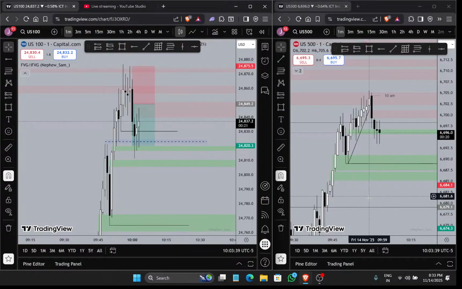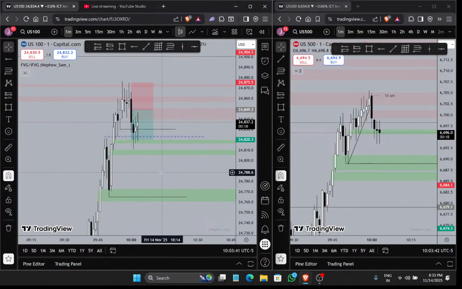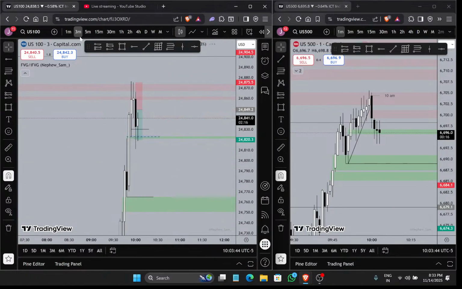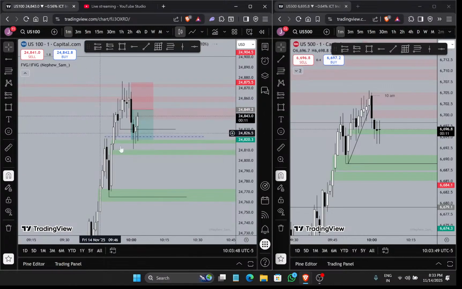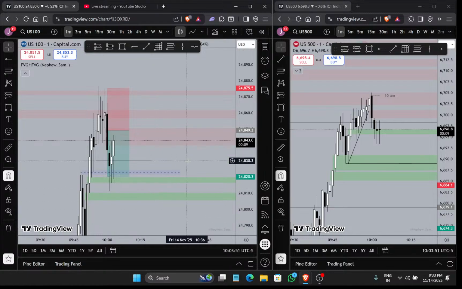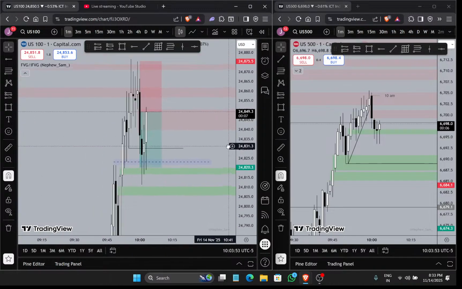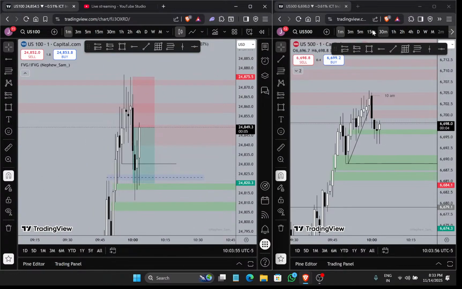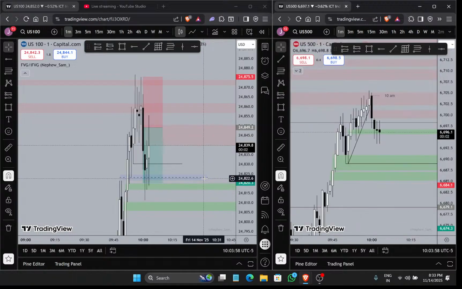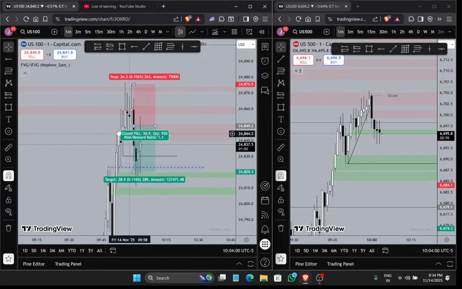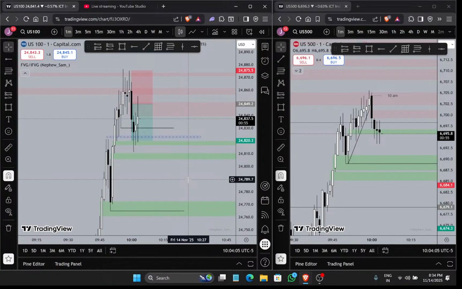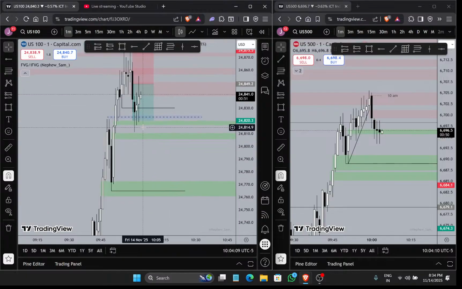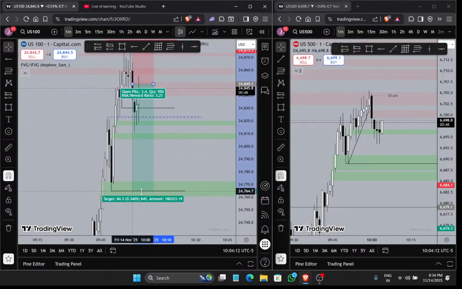I think it will go to this 5 minute to get rebalanced. Do we want to take this long? That is a question right there. This does look good long if we inverse. Okay, we really rejected from that level, but yeah, this is a chance of going long. This has a chance of going to those.